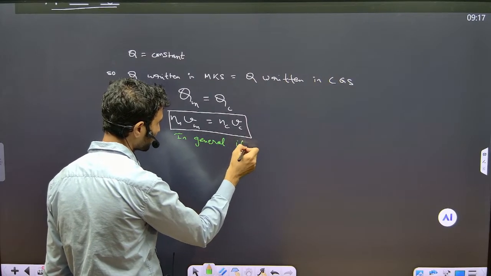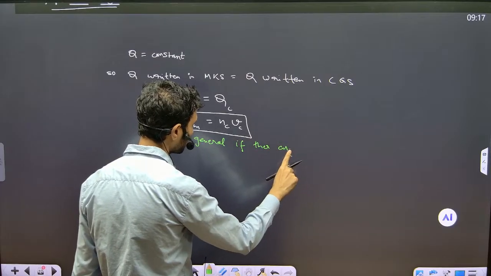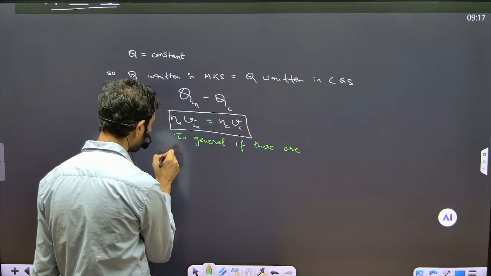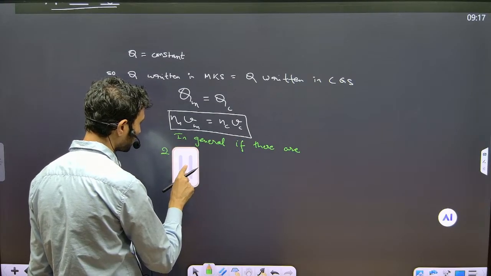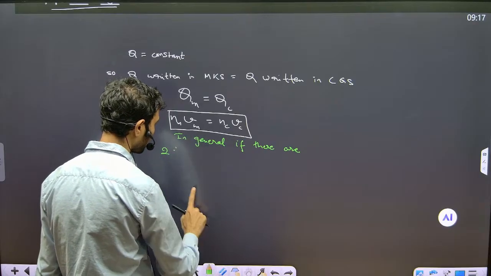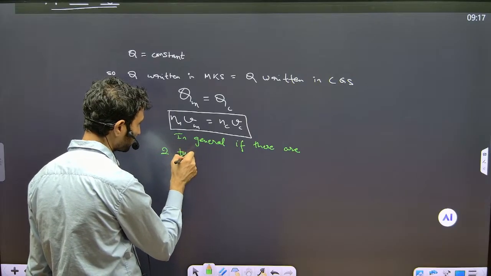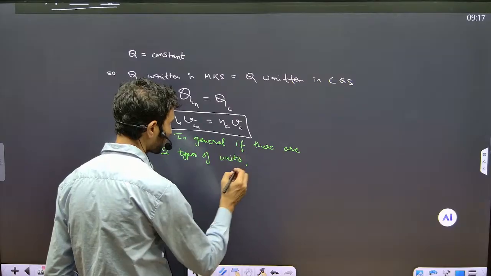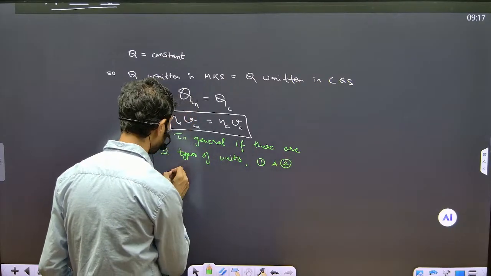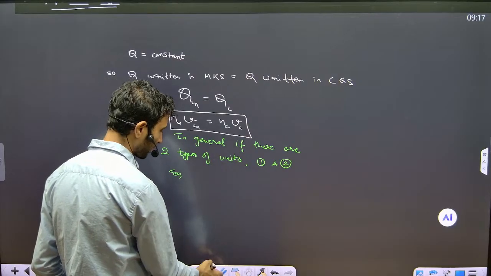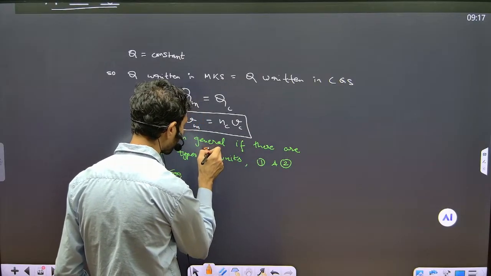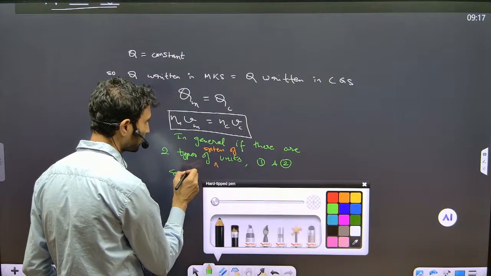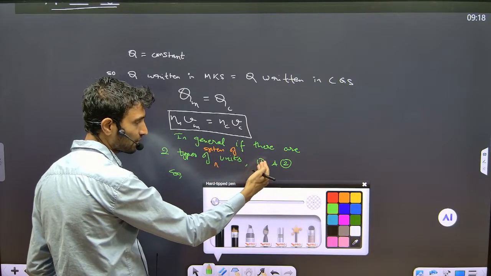In general, if there are two types of system of units, let's say system of units one is 1 and another is 2.